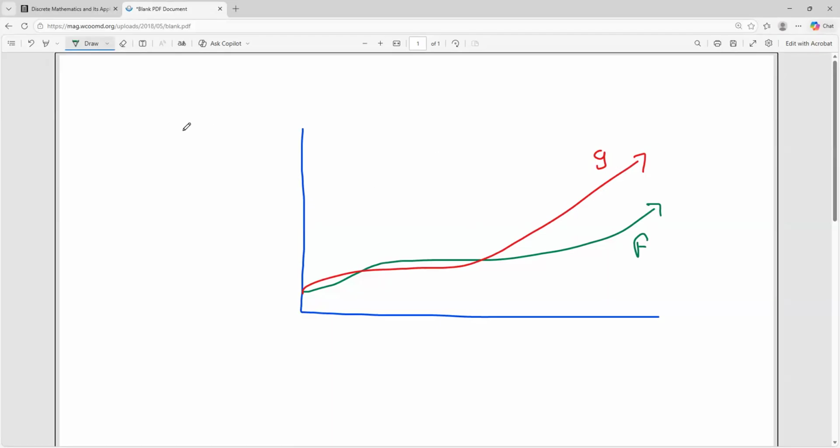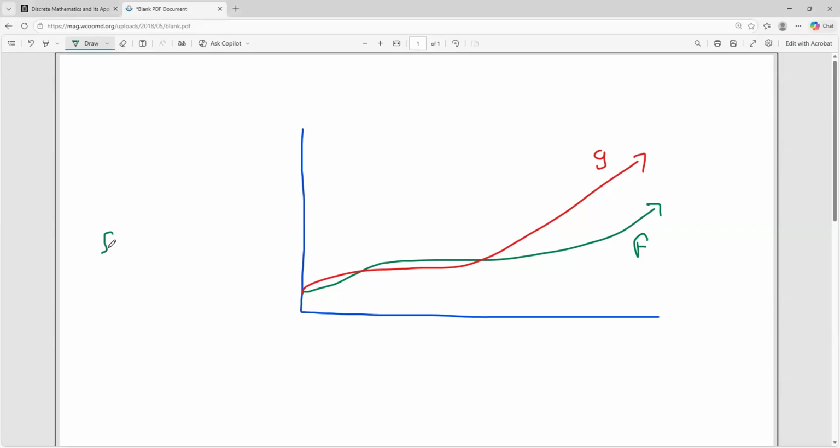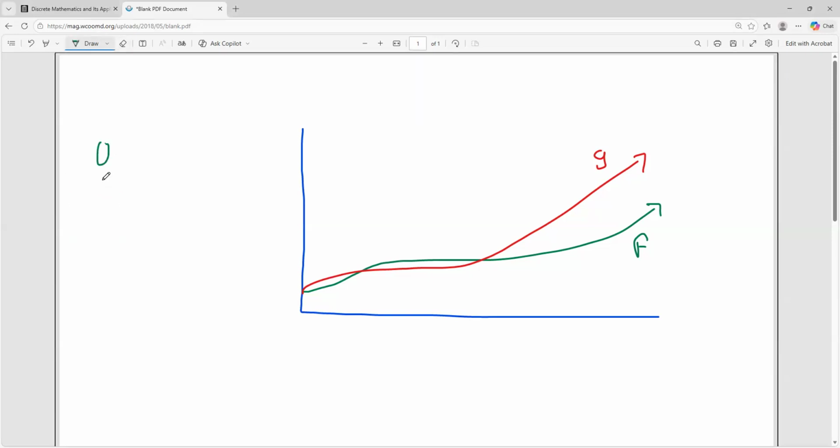So let's give a nice comparison. I'm planning for a party. When you plan for big events and you want to estimate who's going to come, you have three options. There's big O notation, there's omega, you'll see a couple of these in 220, theta, and there's a little o.